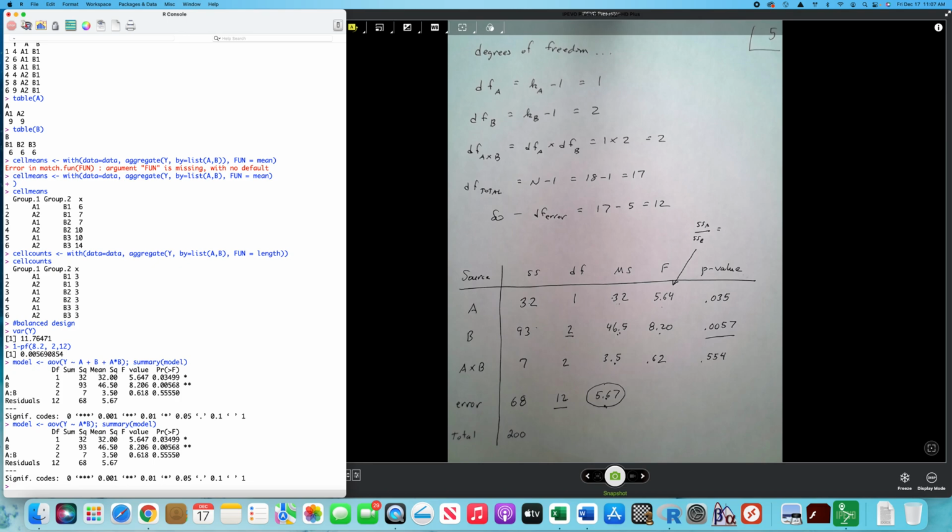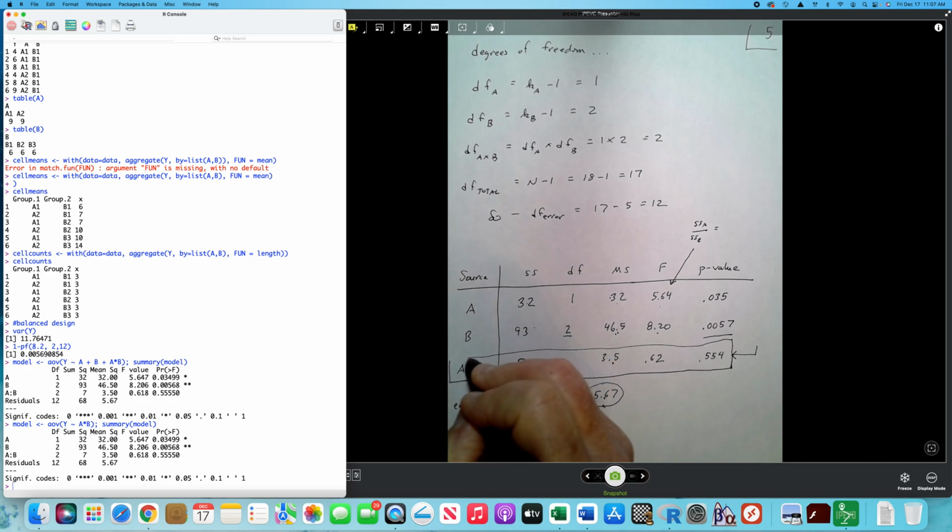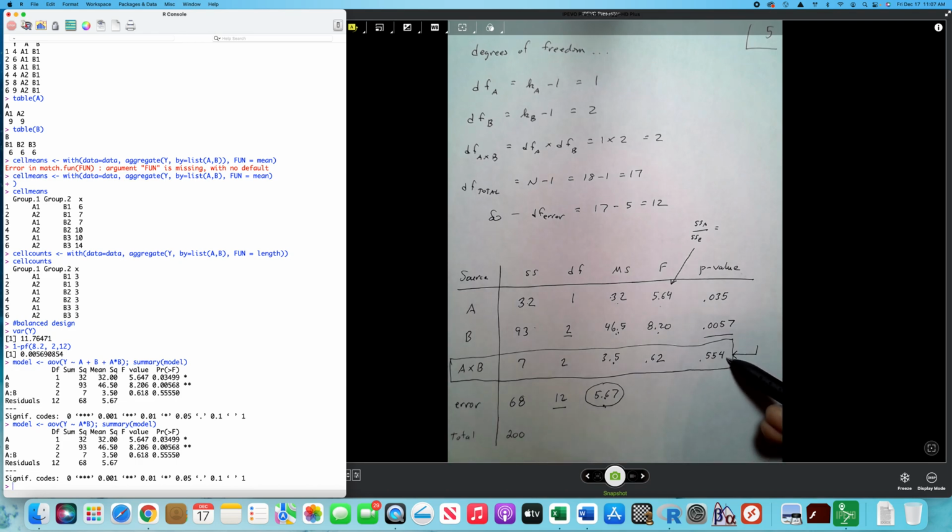Now, what would be the next step? Well, the next step is we would focus on this term. So anytime I run a two-way ANOVA, I have tunnel vision on the interaction. If the interaction is statistically significant, I ignore the main effects. So A and B are referred to as main effects. This is our interaction effect. So again, if the interaction is statistically significant, I ignore these two main effects.